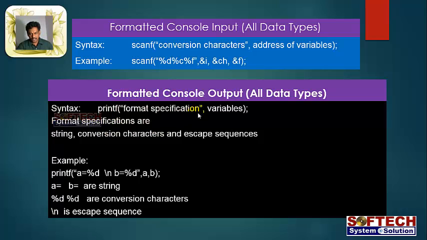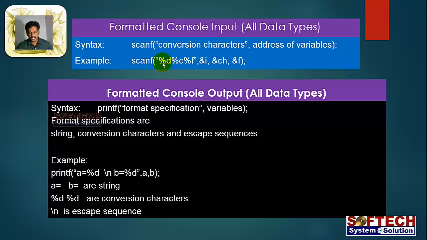So here we give a format specification and variables. The format specification may be a string, conversion characters, or escape sequences. A string may be anything, a collection of symbols, numbers and letters. Conversion characters start with %. In scanf we use only conversion characters; you can't use strings and escape sequences.